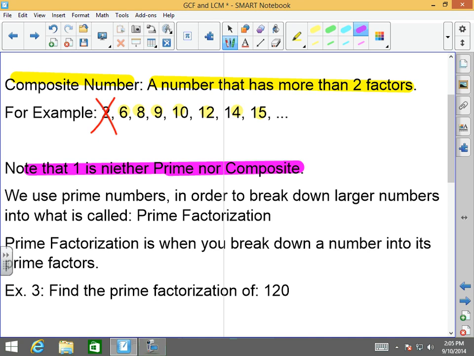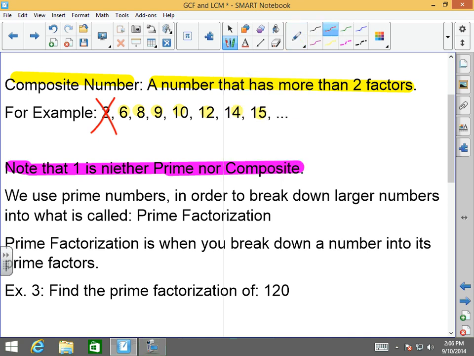A prime number is a number that is divisible by 1 and itself. But 1 is itself, so it is not prime. And 1 is not composite because it does not have more than 2 factors. 1 only has 1 factor, 1. So 1 is neither prime nor composite.